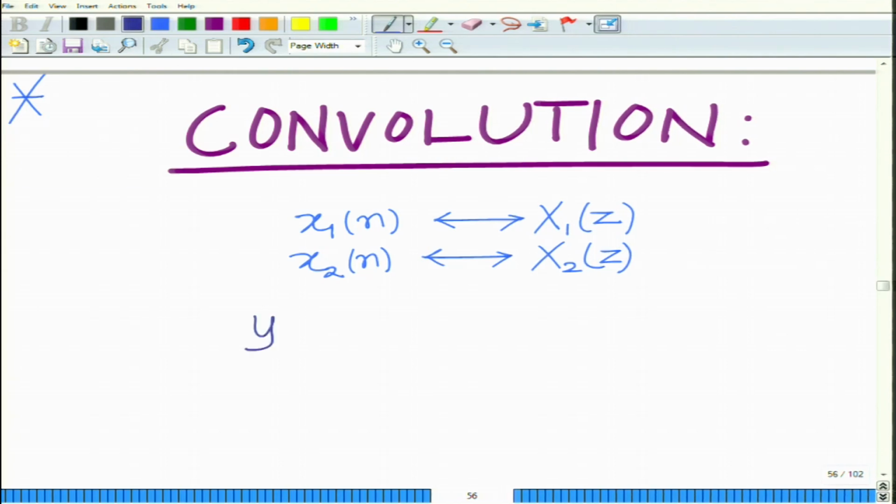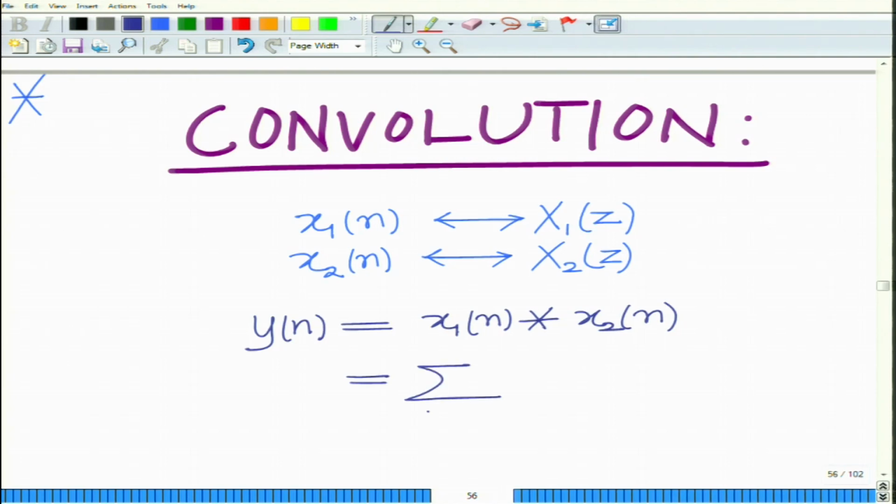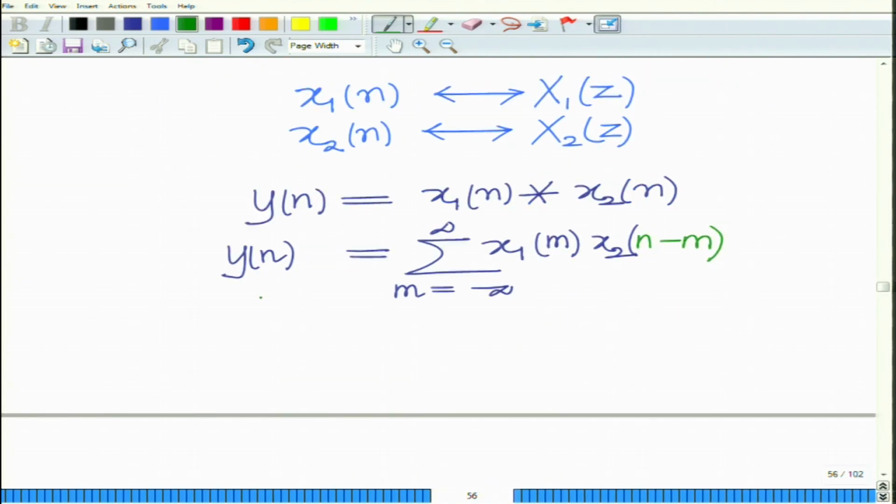What can we say about y n, which is the convolution of x1 n and x2 n, that is, y n equals summation m equals minus infinity to infinity x1 m into x2 n minus m.